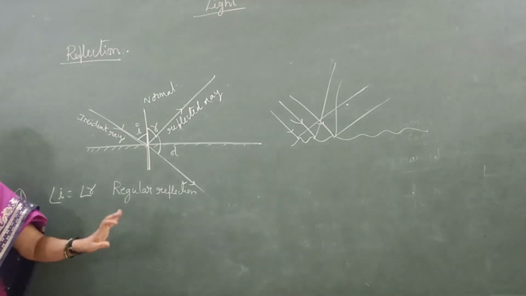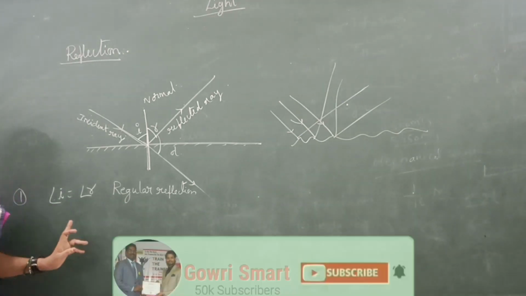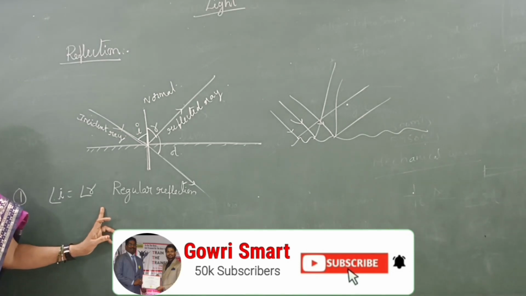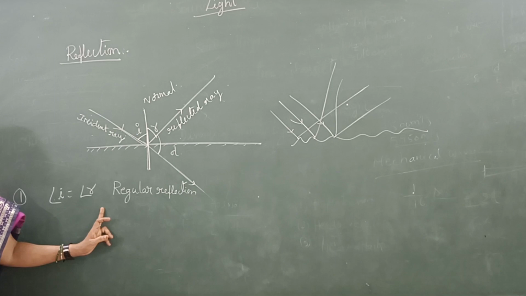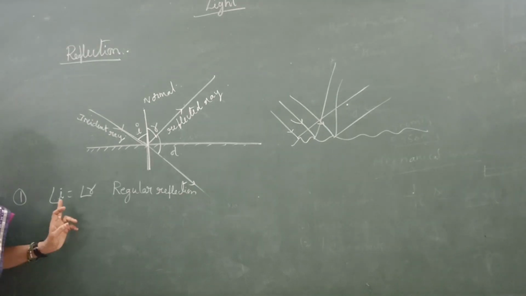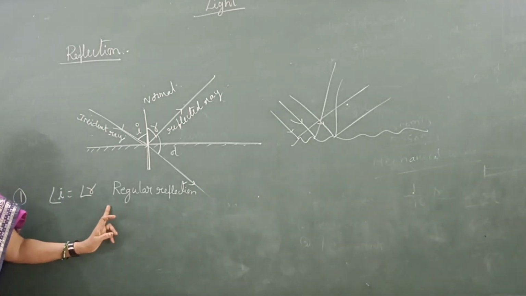When regular reflection takes place, the angle of incidence is equal to the angle of reflection.